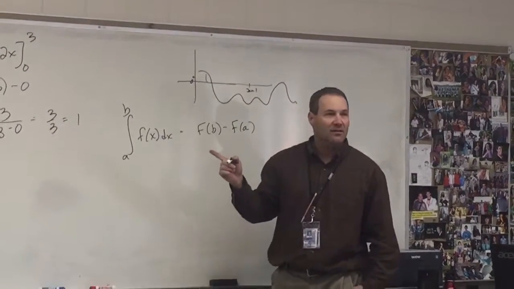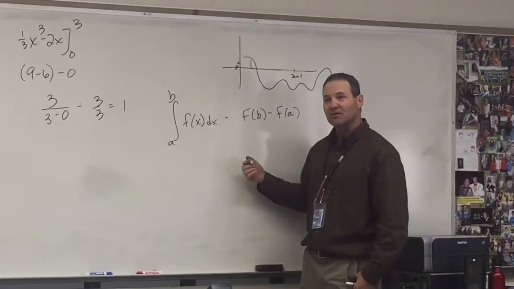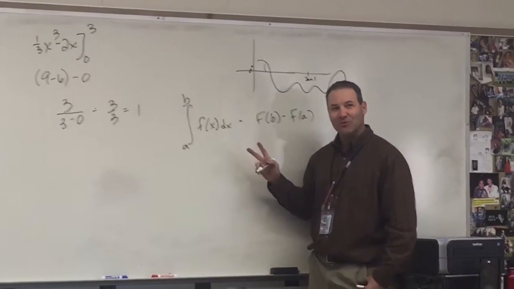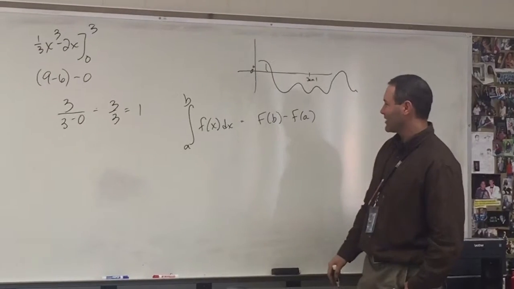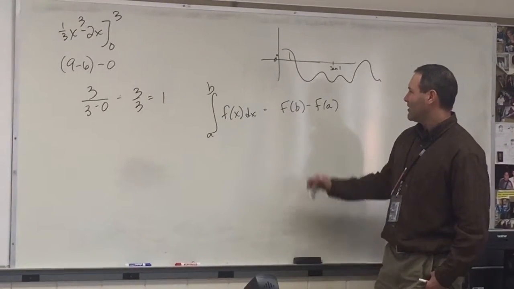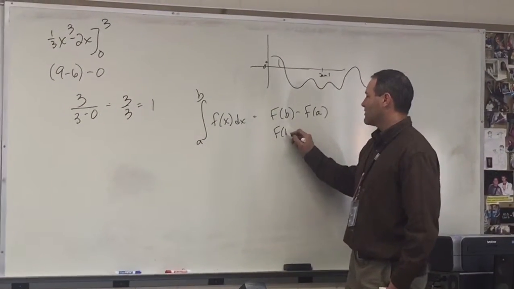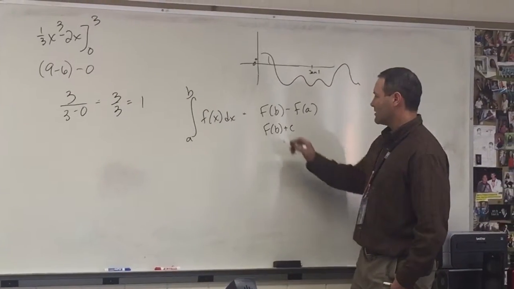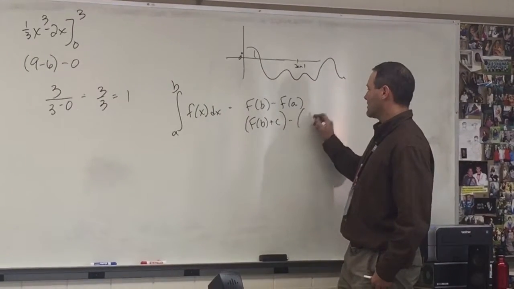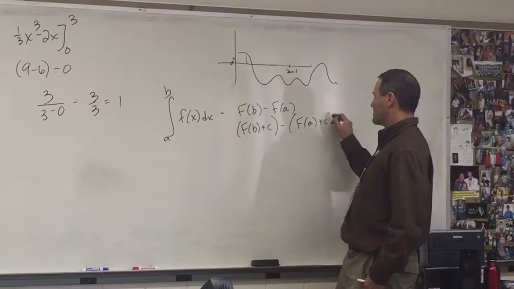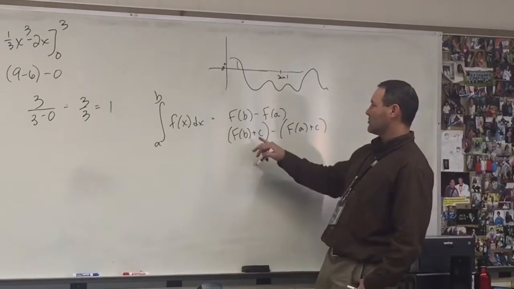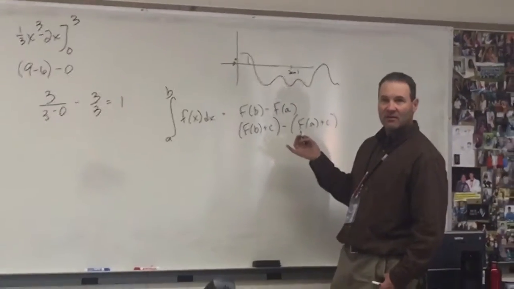That's the fundamental theorem of calculus part 2, because we haven't talked about part 1 yet. So the antiderivative of b, we could have tossed a plus c in, minus capital F of a plus c, and they are the same c, so the c's cross off.